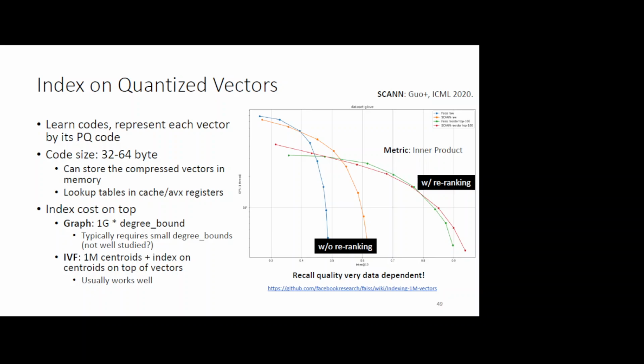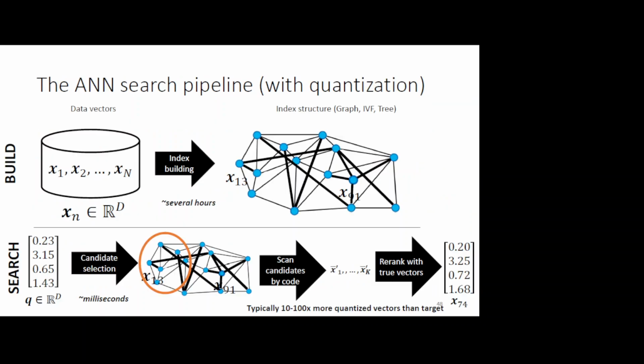But because your data is compressed, the accuracy is not as good as before. So here, this figure shows if you perform the product quantization to do the search, but you don't do the re-ranking. This means we don't perform the re-ranking here.